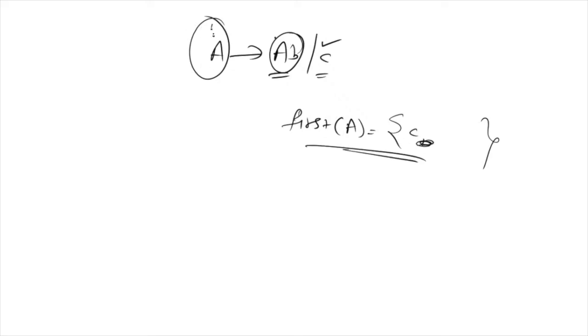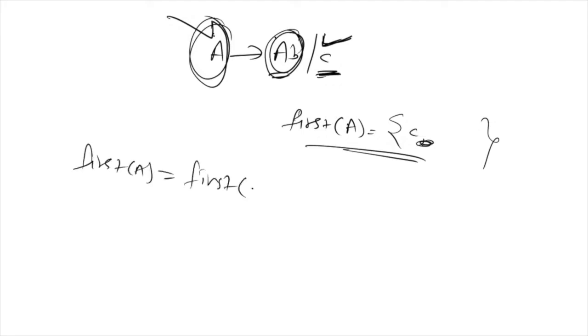See, from here what you will get? First of A you want to find out. Directly go to A. This will definitely be in your first of A, because this is a terminal. Now from here you will get first of AB, and first of AB means first of A. So first of A equals first of AB, and first of AB equals first of A. From where you started, you have ended here.